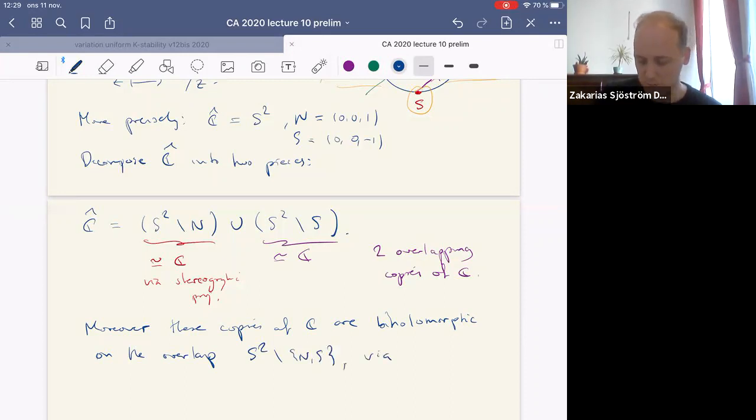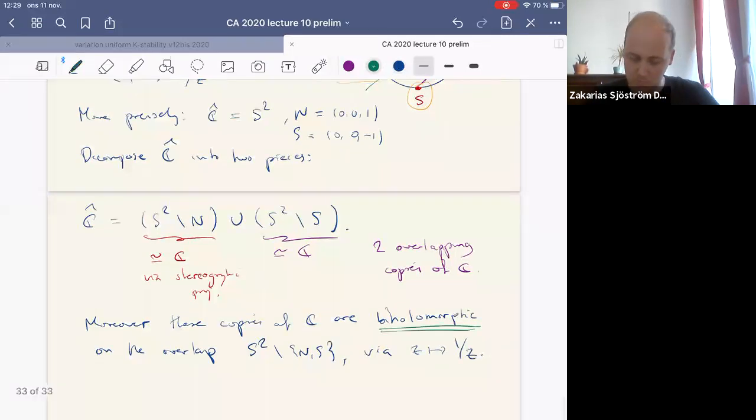And what is the biholomorphism? Well, the biholomorphism is precisely 1 over Z. It remains for me to explain to you what it means to be biholomorphic.